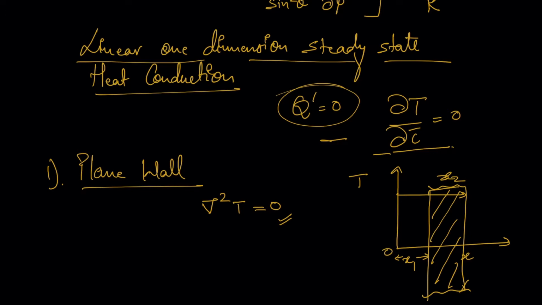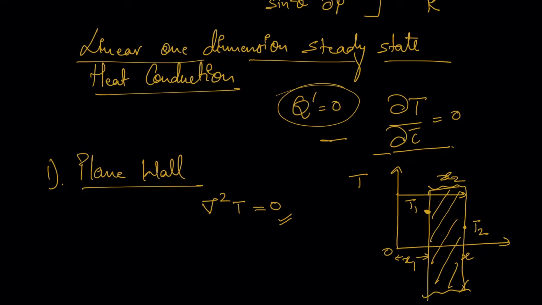Suppose the temperature here is T1 and the temperature at this surface is T2. So we are going to derive what will be the heat flow.